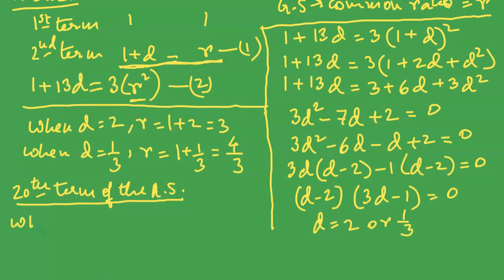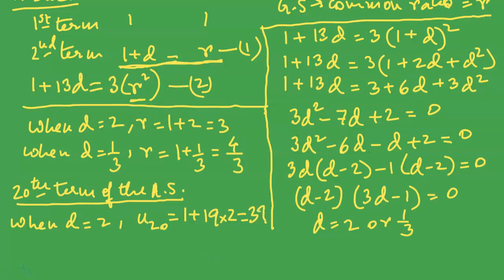When d is equal to 2, the 20th term is u20. u20 will be equal to 1 plus (20 minus 1), that is 19, times 2. So 19 times 2 is 38, plus 1 is 39.